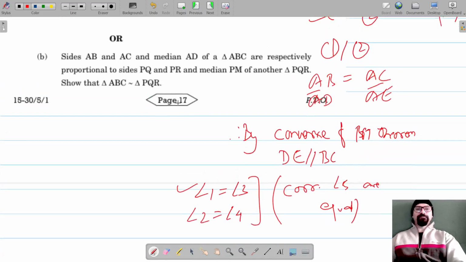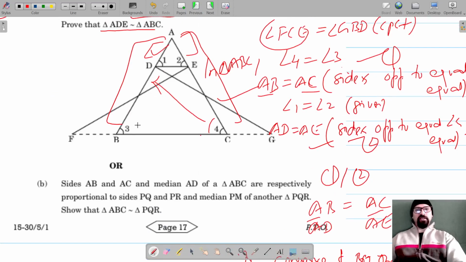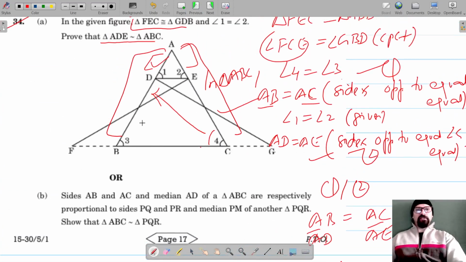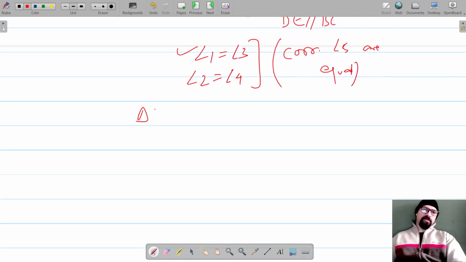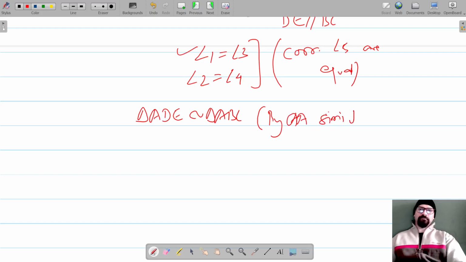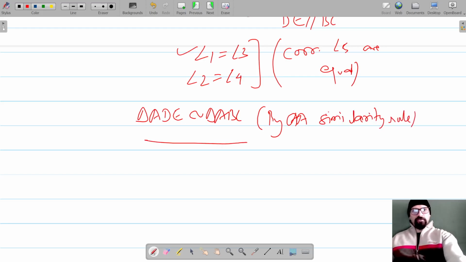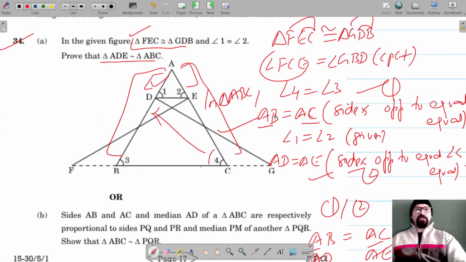Now angle 1 is in triangle ADE and angle 3 is in triangle ABC. So that means the triangle ADE is similar to triangle ABC by AA similarity rule.